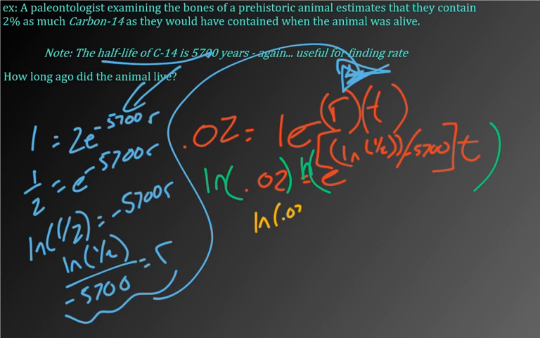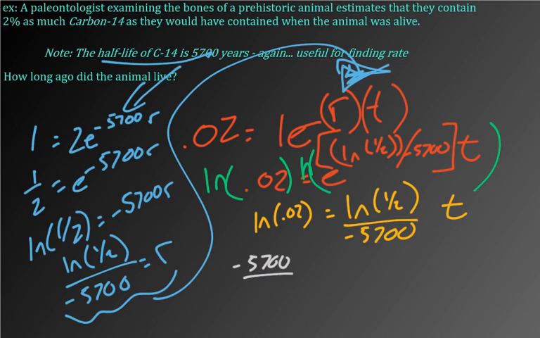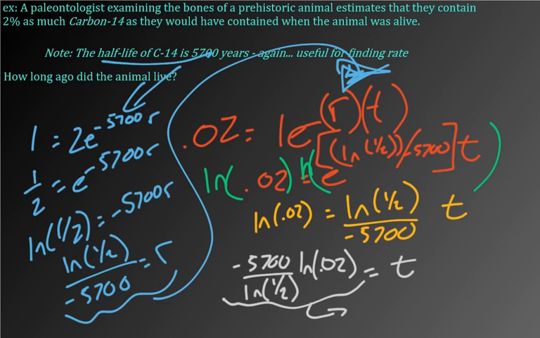So you got natural log of 0.02 equals natural log 1/2 divided by negative 5,700 T. And so then you can multiply by the reciprocal of this just to solve for T. So as a final answer, you could have negative 5,700 over natural log 1/2 times natural log of 0.02 is equal to T. And again, you could plug this into a calculator.